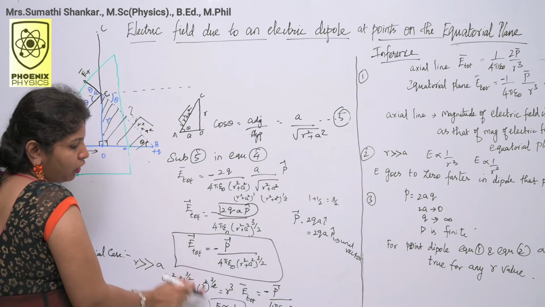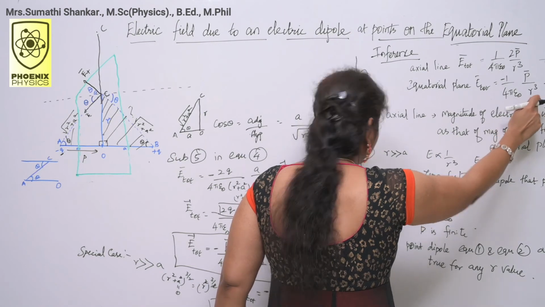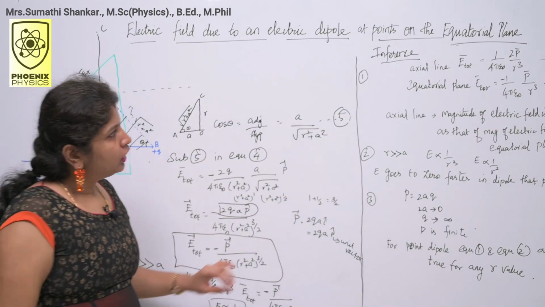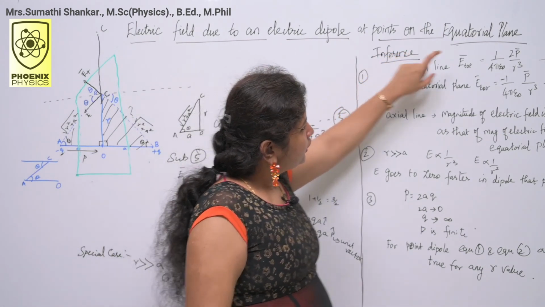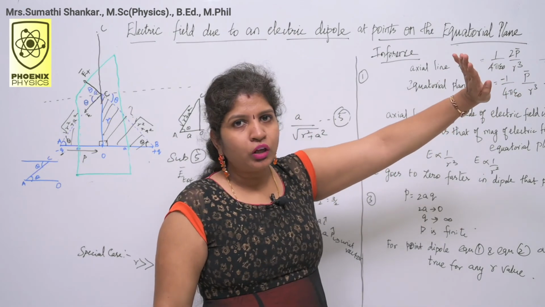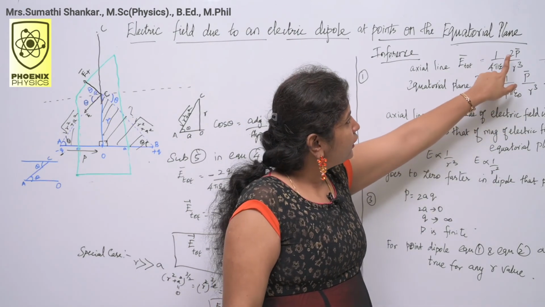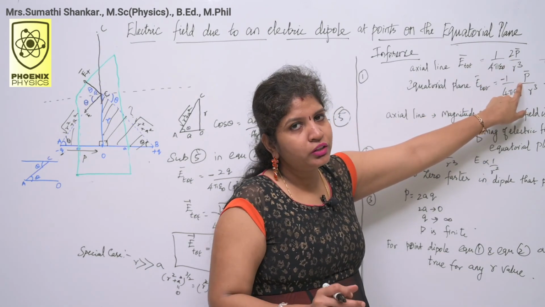So the formula is minus P by 4 pi epsilon naught R cube. Look at these two formulas. Here consider the magnitude alone. Magnitude means you need not worry about the minus sign. Here I have 2P, here I have P. Then how do you conclude this?